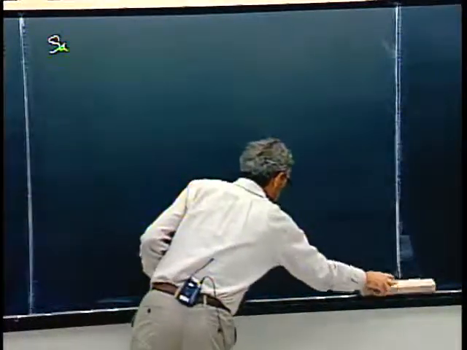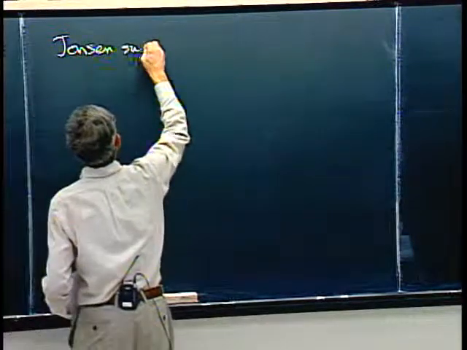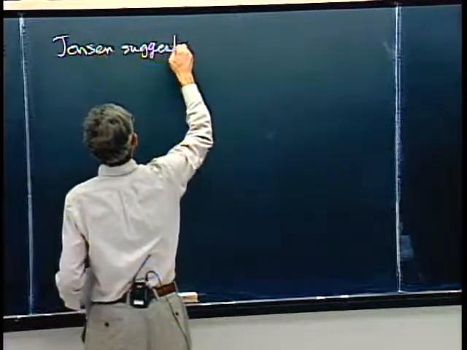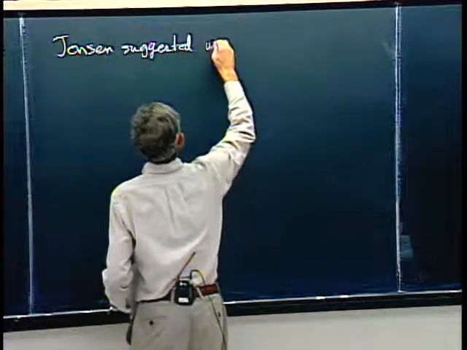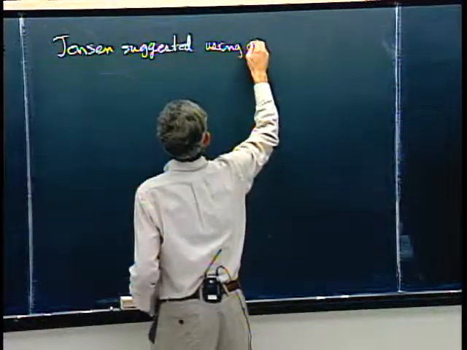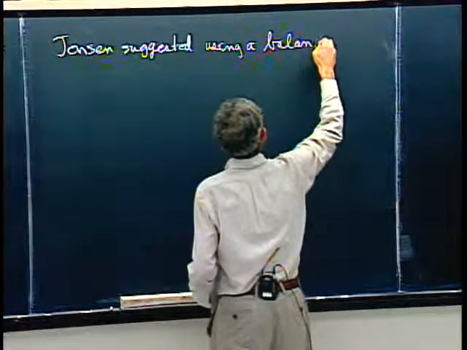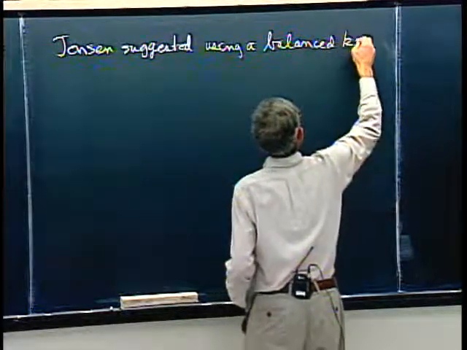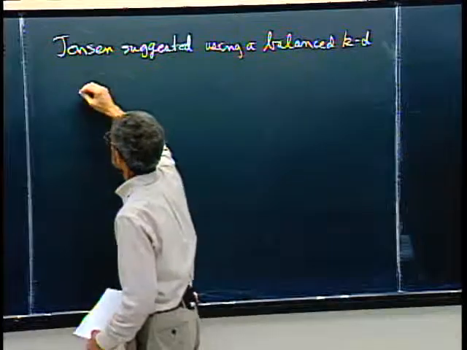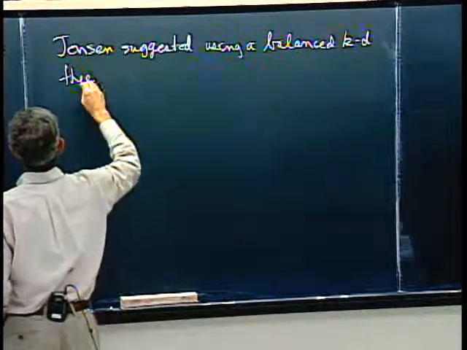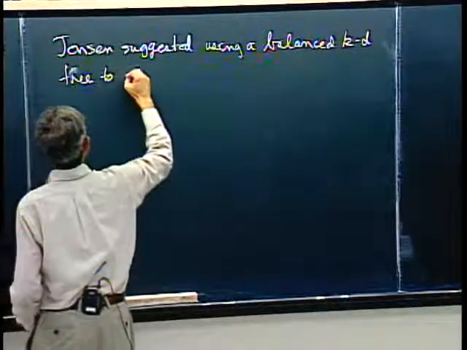The photon mapping idea was first published by Henrik Wann Jensen, and he suggested using a balanced KD tree to store the photons.